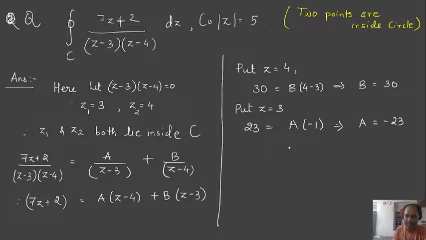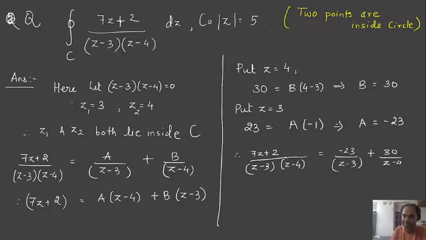This is what you get. Now therefore, you write down the partial fraction: 7z plus 2 over (z minus 3)(z minus 4) is equal to minus 23 over z minus 3 plus b, which is 30 over z minus 4.